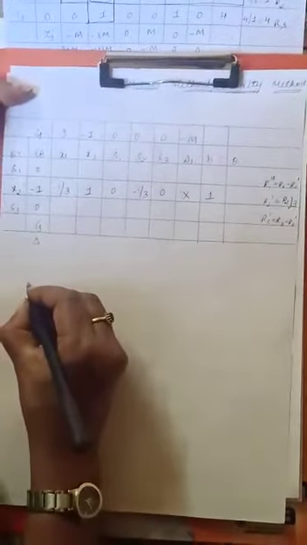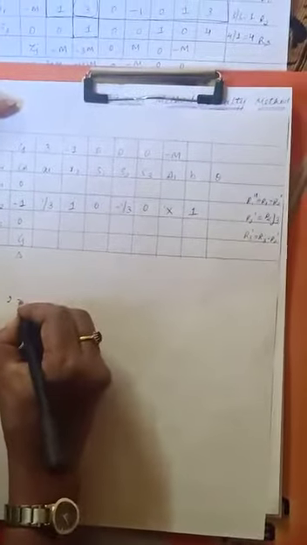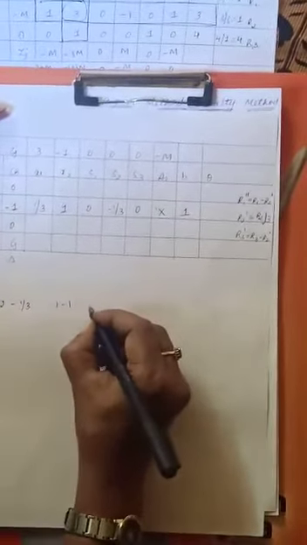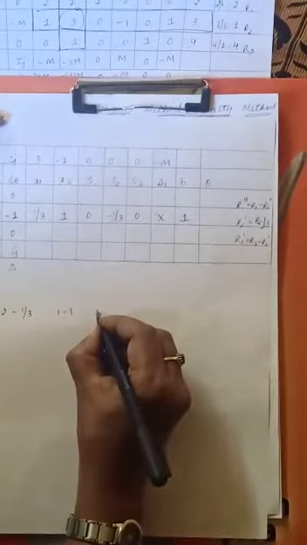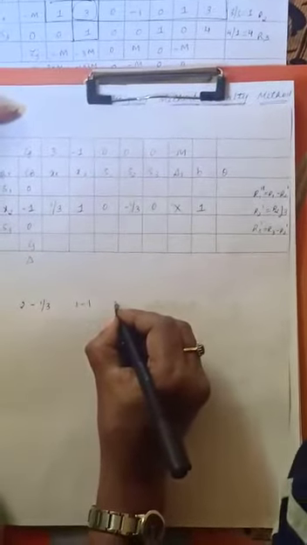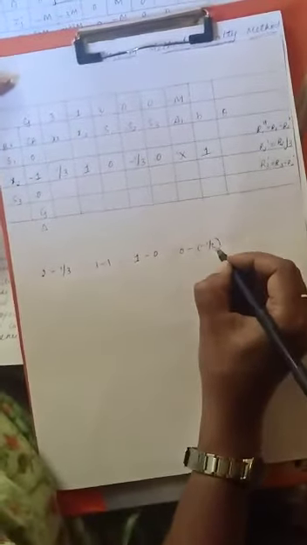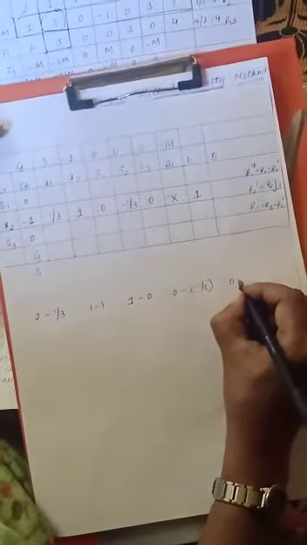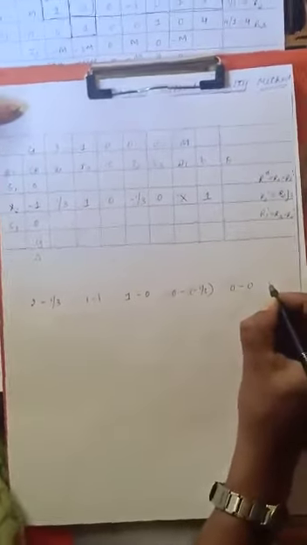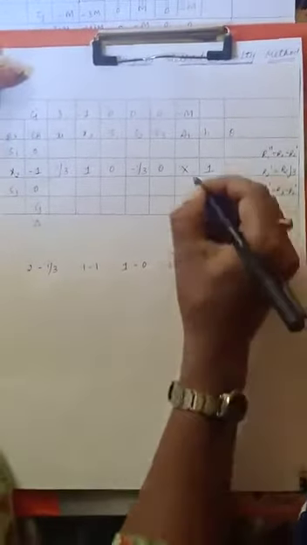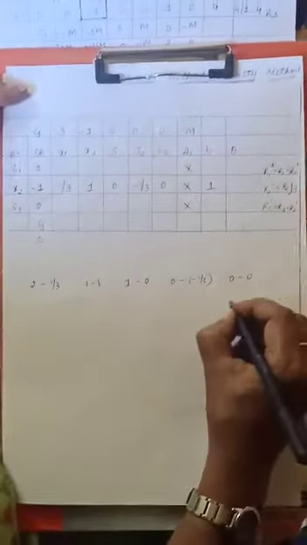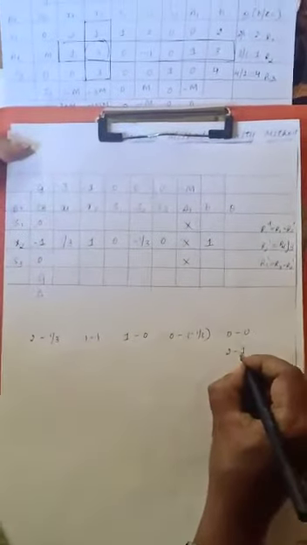So it is 2 minus 1 by 3, then 1 minus 1, then 1 minus 0, 0 minus minus 1 by 3, and then 0 minus 0, and no need to calculate this. Next is 2 minus 1.